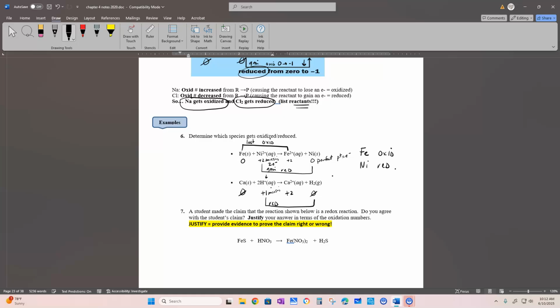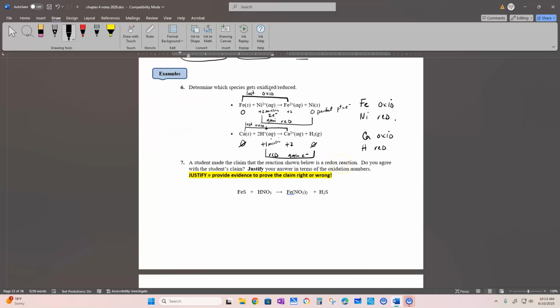So he gained that electron, he was reduced. Calcium was perfect. We did a reaction, and now he lost 2 electrons. So calcium was oxidized. So Ca was oxidized, and hydrogen was reduced.